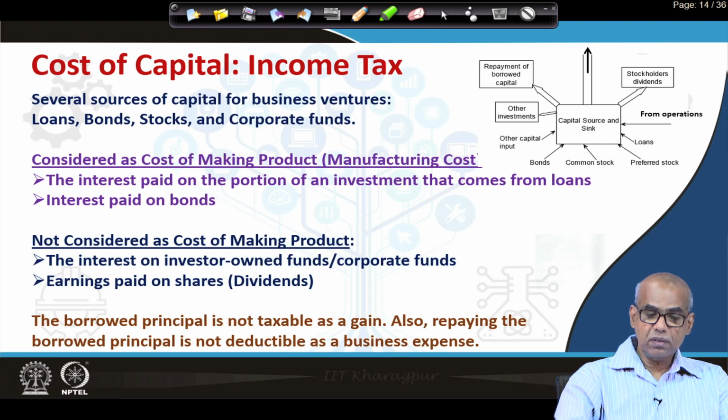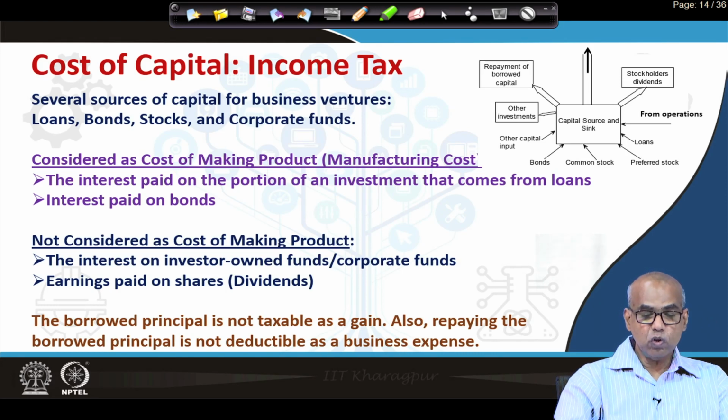The borrowed principal is not taxable as a gain. So, when you borrow money, it is not considered as gain and this is not taxable. Also, repaying the borrowed principal is not deductible as a business expense.